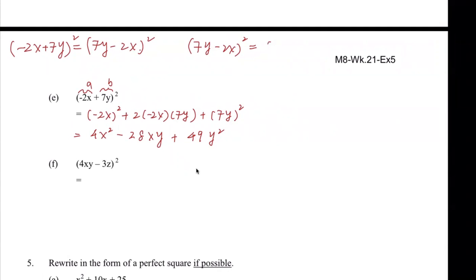So this is equal to (7y)² − 2 times 7y times 2x + (2x)².